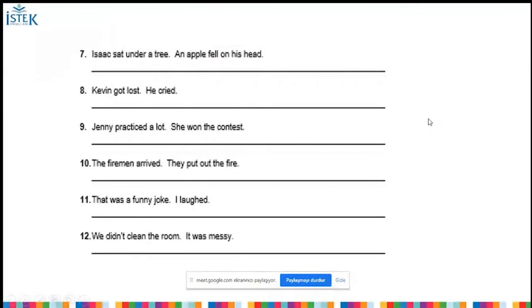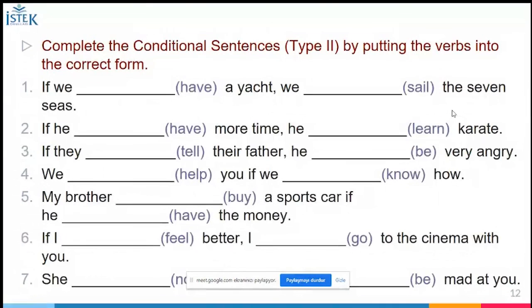This is the second page. And this is the third page. Let me change its place a little bit so that you can see.